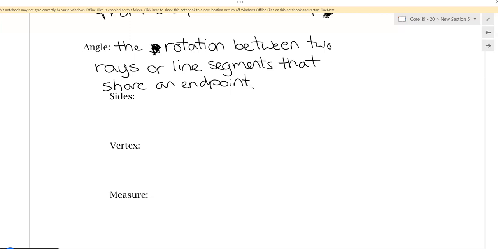Okay, so for example, if I have a line segment here, I'll name it A and B. I'm going to rotate this up and now I have another line segment A to C. They share endpoint A, right?